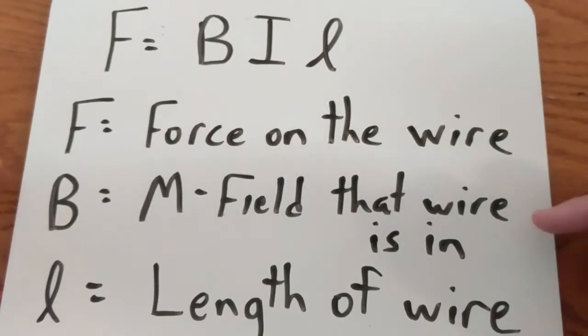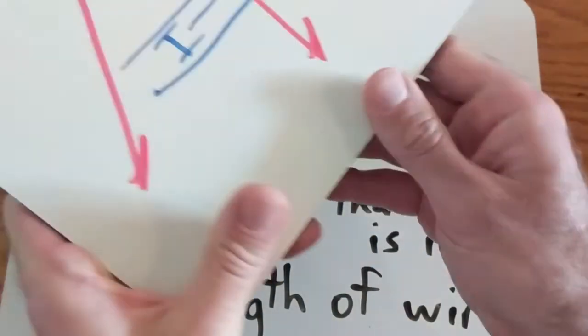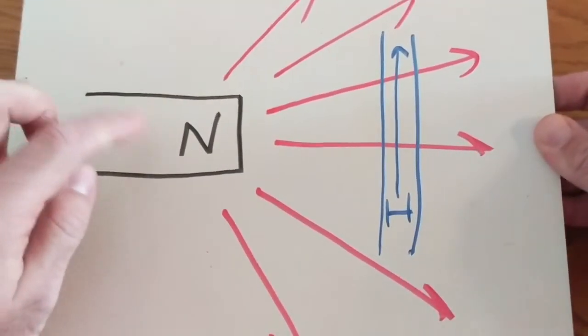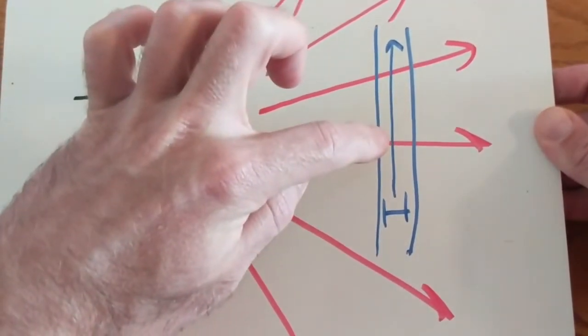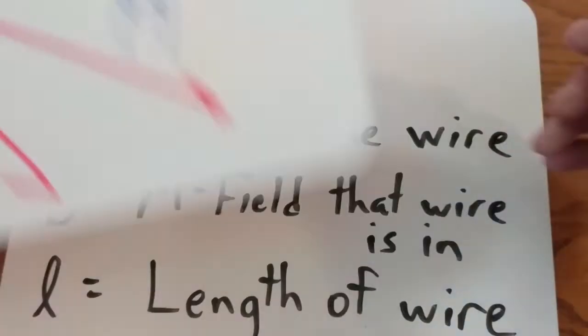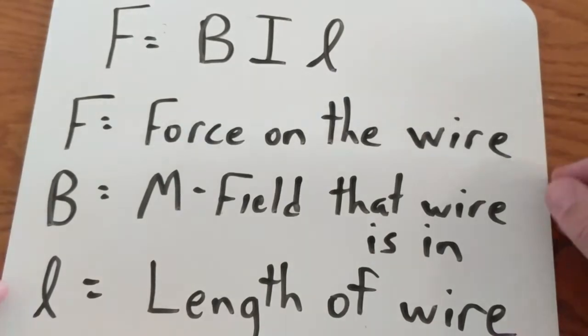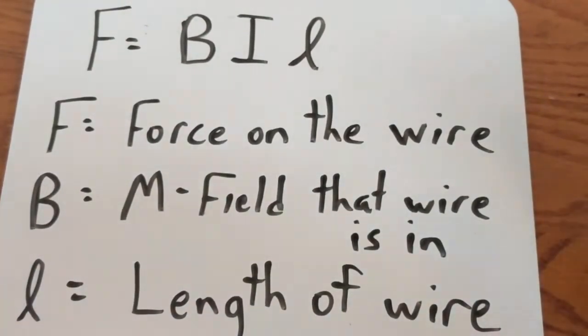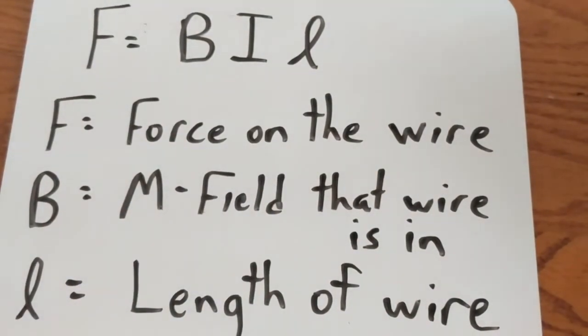B is the magnetic field that the wire is in. So B is this red line. Remember, the red lines are made by this magnet. This magnet feels a force because it's in somebody else's magnetic field, and that's what B is. And L is simply the length of the wire. All right, so let's look at an example problem and put this equation into play.